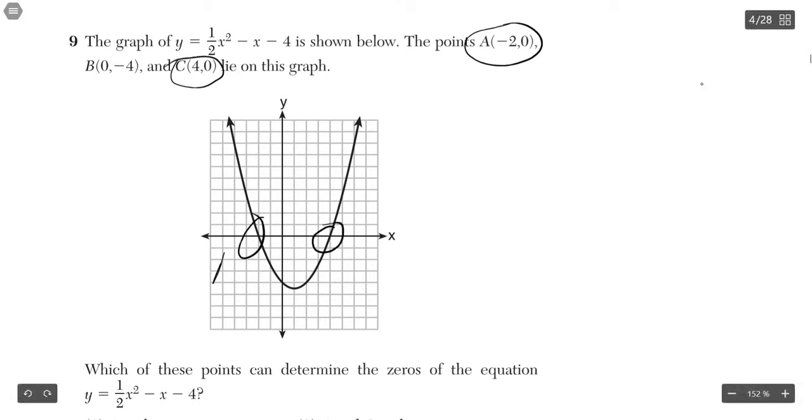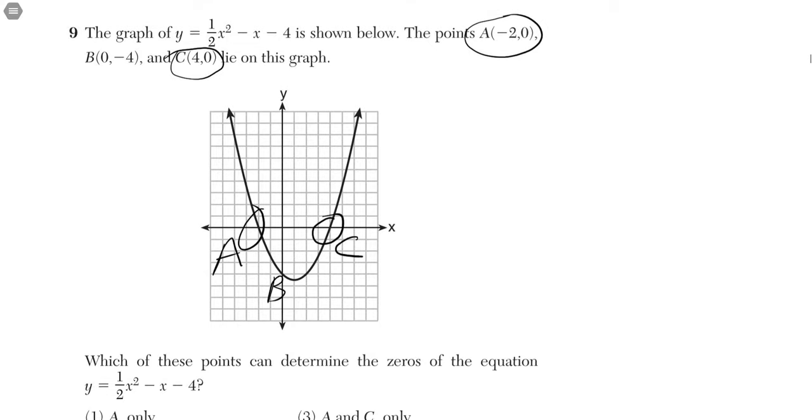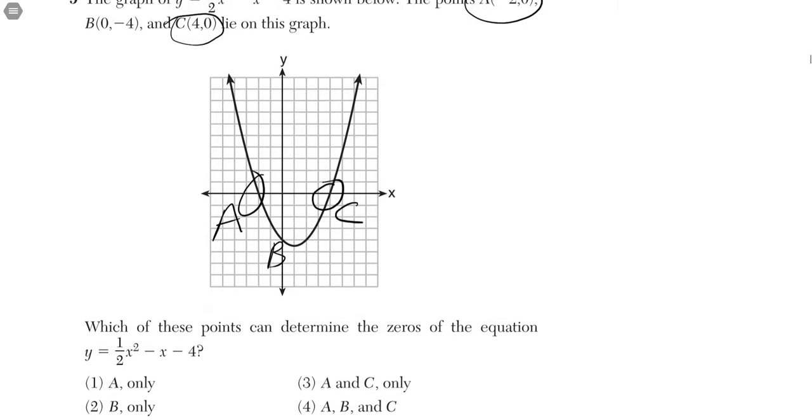So this would be A, and sorry, this would be C, actually. B, over here, that's not a 0. That's where x is 0, not y is 0. The zeros are where y is 0, where the function is 0. So A and C can determine the zeros of the equation. So the answer is 3.